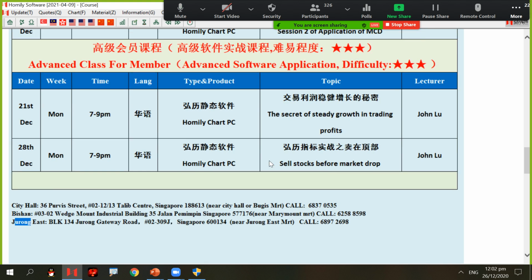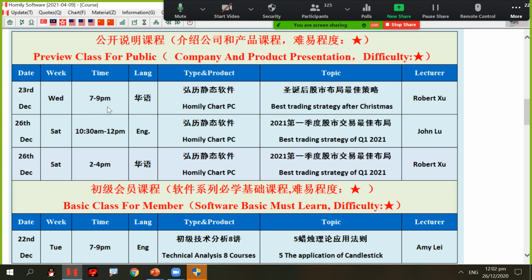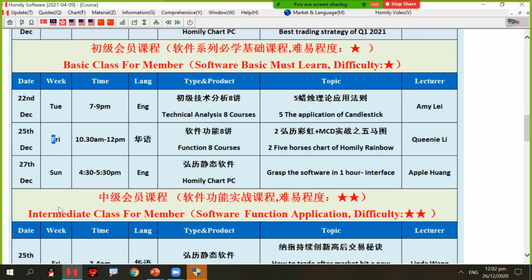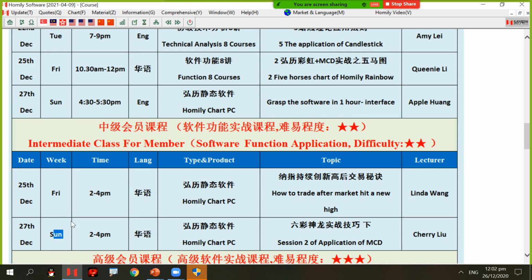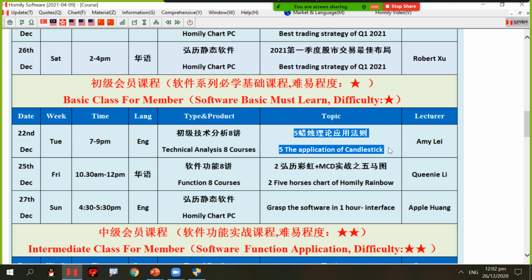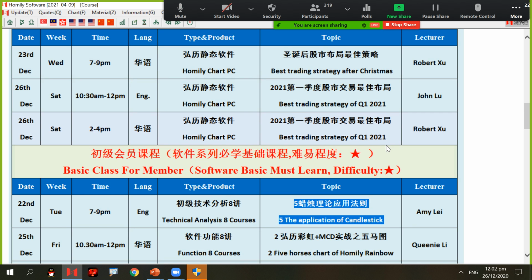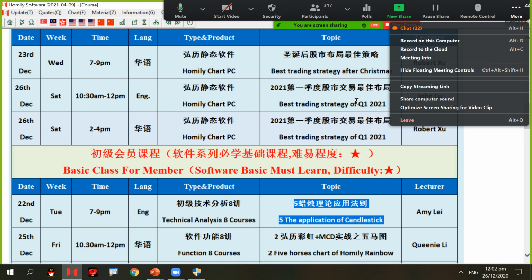But now, because of COVID-19, we can only do the online training service like this. Wednesday, Saturday, Tuesday, Friday, Sunday, right? So each week we repeat the technical analysis lessons, like class number 5, candlestick theory. Every week we have at least 4 to 5 classes. Repeat. Don't worry, you can learn.